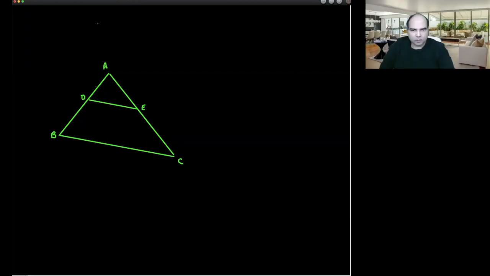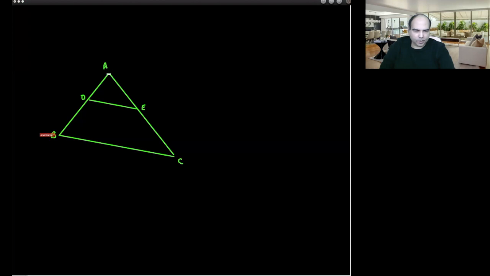So if you look at this picture, and if you look at this line DE, if it's parallel to BC, then the point D would split the line AB into two parts, AD and DB.